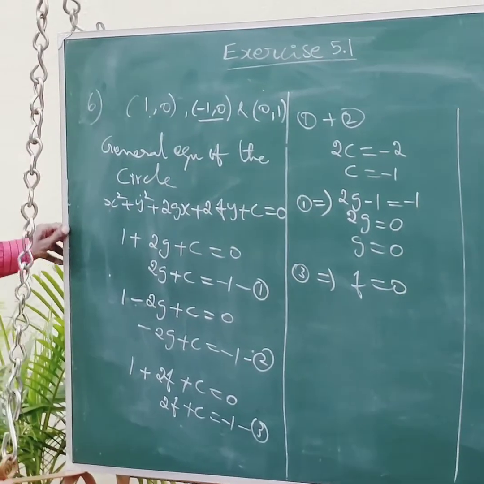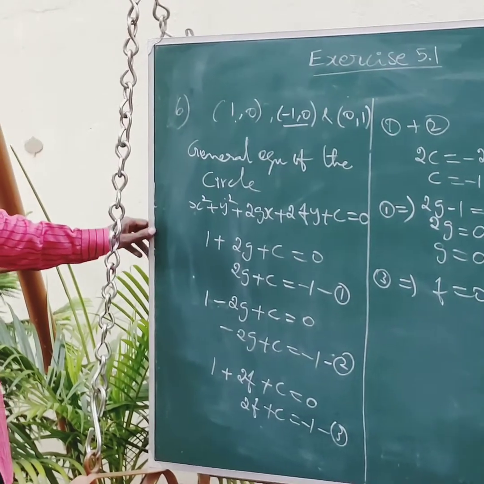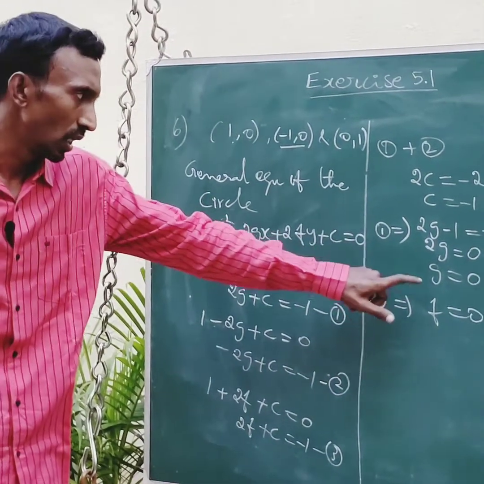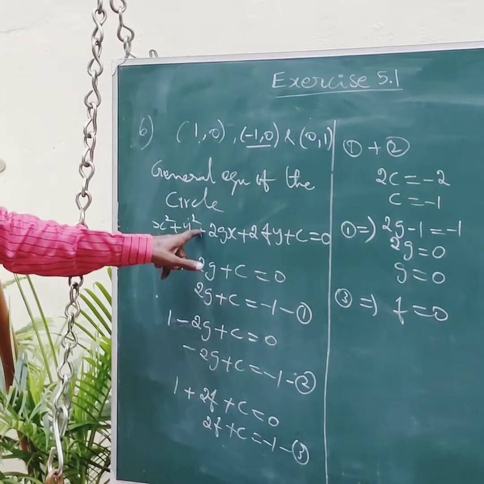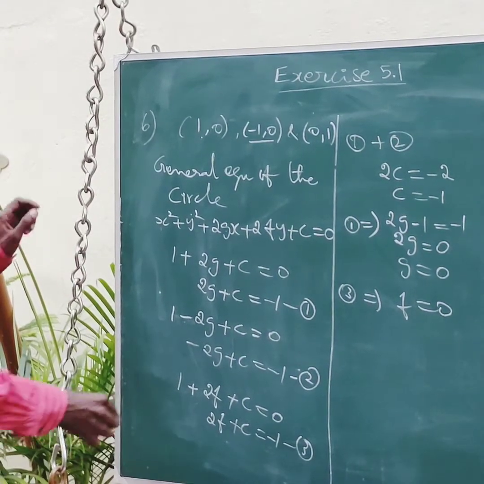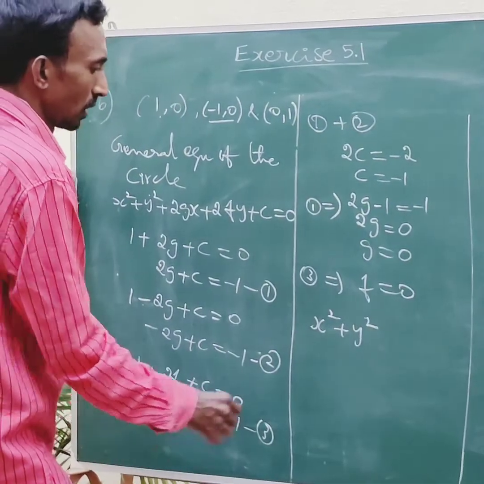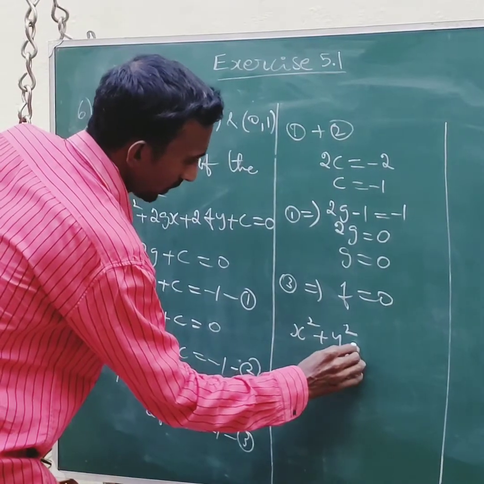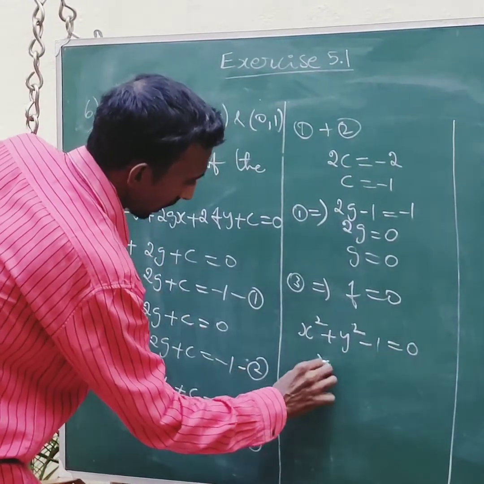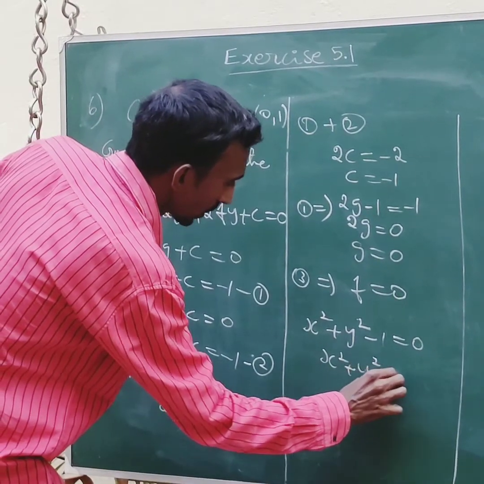So to get the required equation, put the values of g, f and c in the general equation. We get x square plus y square minus 1 equals 0, or x square plus y square equals 1.